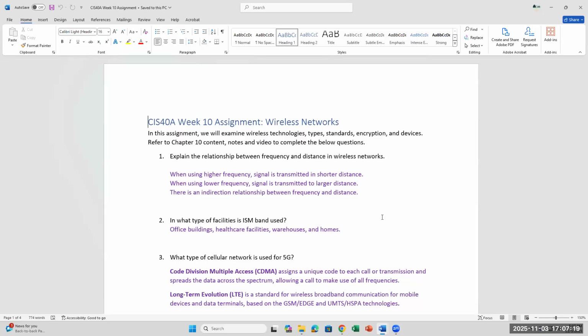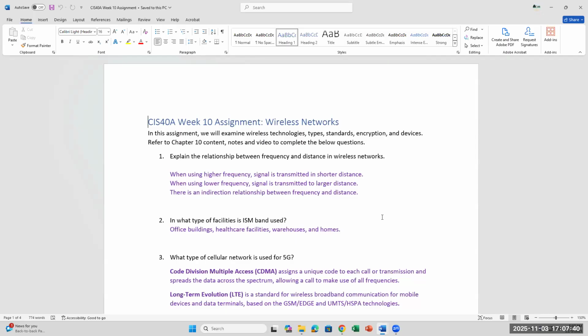Now, most of your devices will function at 2.4 gigahertz, which is a lower frequency band, which gives us longer distance. This is why you have IoT devices or wireless technology that's mostly equipped with 2.4 gigahertz.